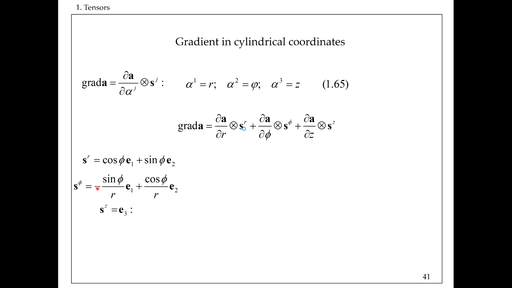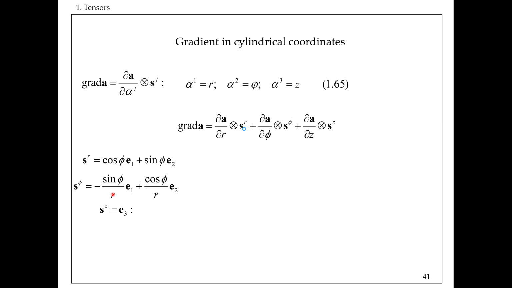Remember that you can see even from here that some of them are not unit vectors. For example, g_r and g_z are unit vectors, but g_phi is not a unit vector; the length of that basis vector depends on r. And for us, it's not really convenient to have them not be unit vectors. It's possible to work with that, but it's more common to use unit vectors in the definition.